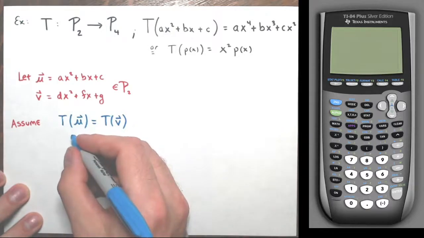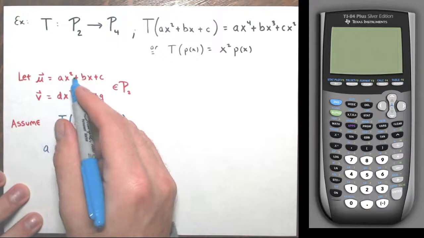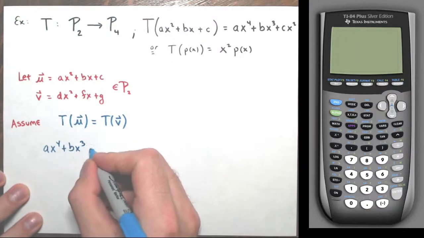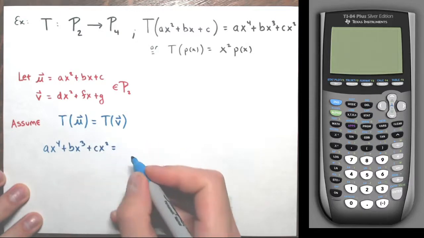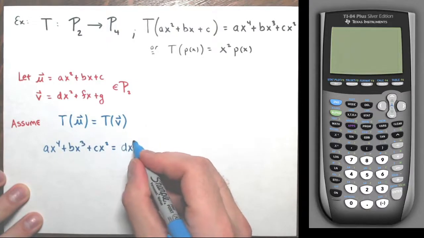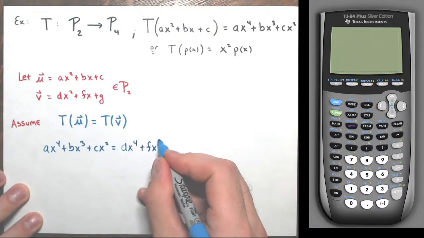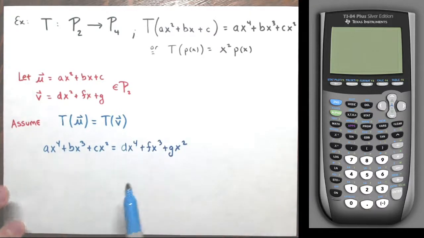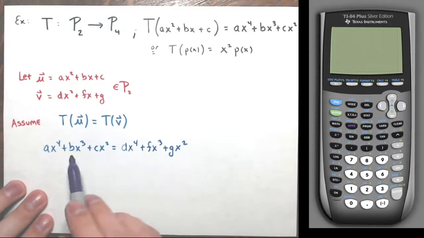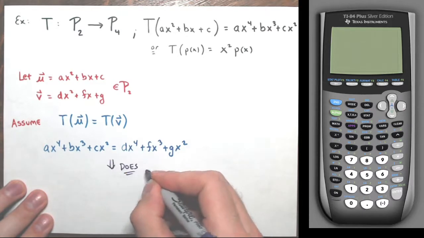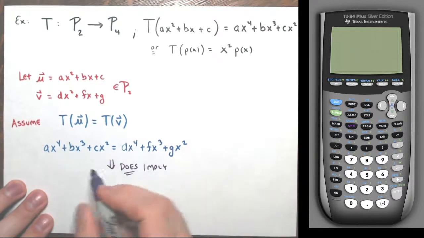So what's T of u? That would just be, again multiplying by x squared, ax to the fourth plus bx cubed plus cx squared. We're assuming that this is equal to T of v, so dx to the fourth plus fx cubed plus gx squared. And look, we have a polynomial equal to a polynomial here. This does imply that a must be equal to d.